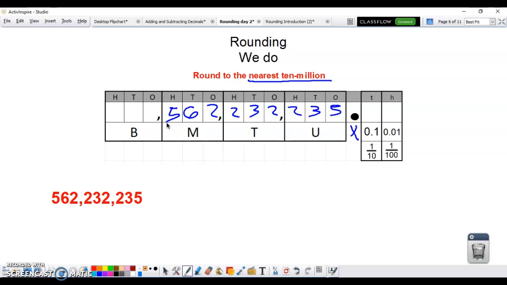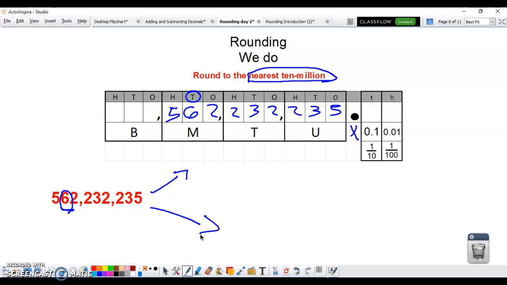As we know from our problem right now, we have to round to the nearest 10 million. So we must focus on our 10 million, which is also right here. As we know from rounding, we either have to go up or stay the same.